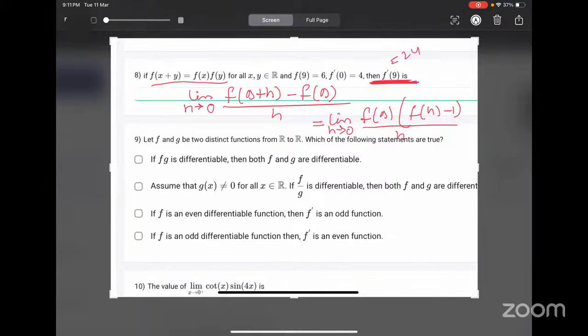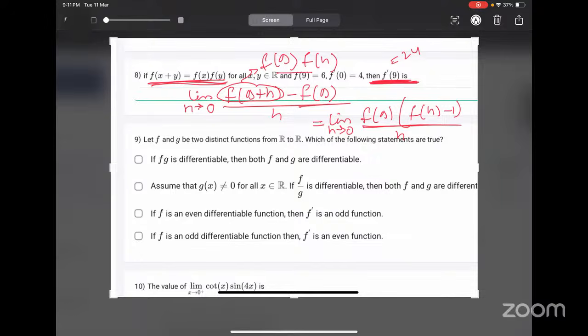I didn't get that explanation, ma'am. Can you repeat it again? If you use this relation, we can express this as f of 9 into f of h, right? Then f of 9 we can take as common. So then we will get f of h minus 1, right? If you multiply this, what will we get? The same one.